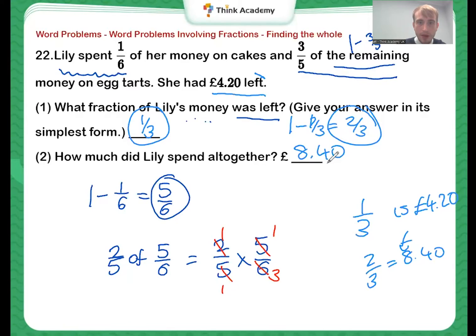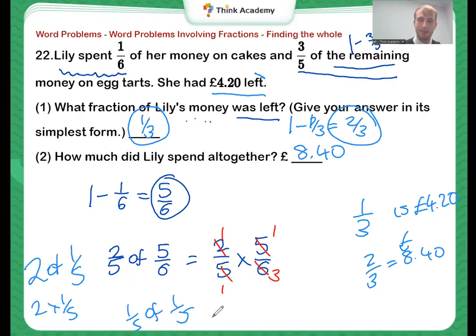Of equals times. Oh, I see a few people asking me that one. Yes. If you wanted 2 of something, 2 of 1/5, you'd find 2 times a fifth. But if you want to find a fifth of a fifth, you would do 1/5 times a fifth. So in answer to your question, I'm going to say yes.